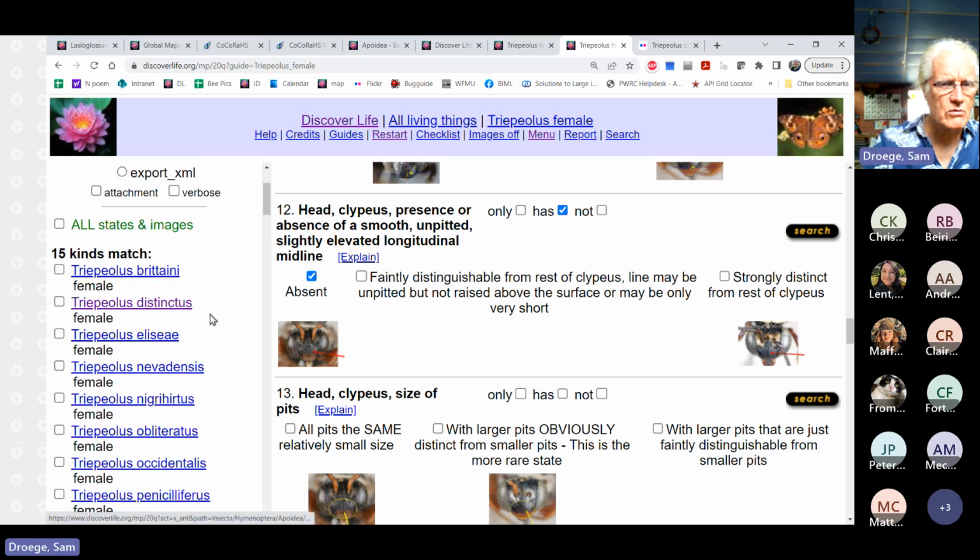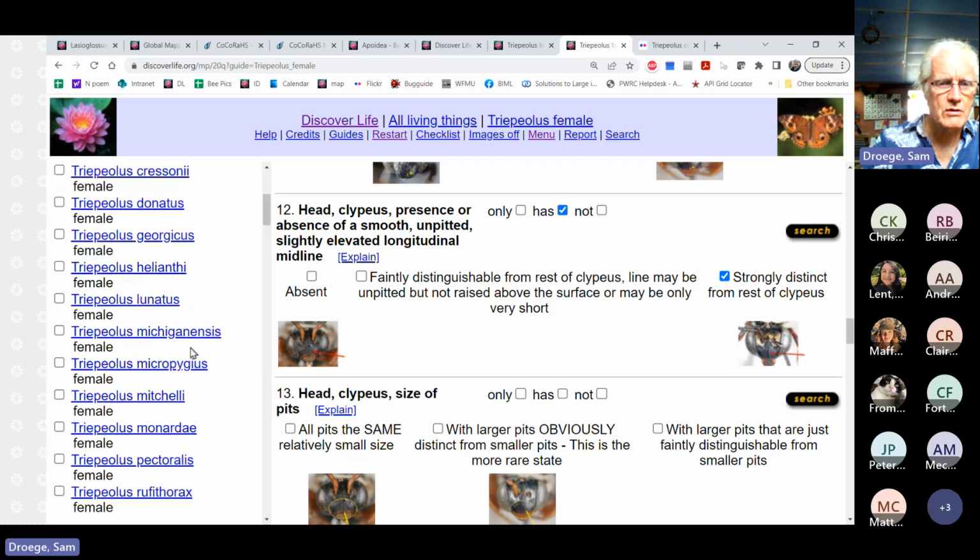A bunch of things are scored for not having it, and a fair number are for having a strong one. So lunatus was shown to have the strong one, but also the faintly distinct one, but not the absent one.